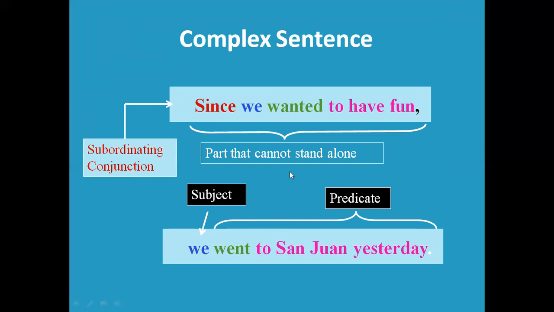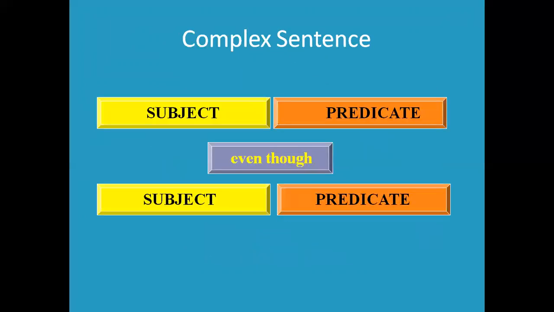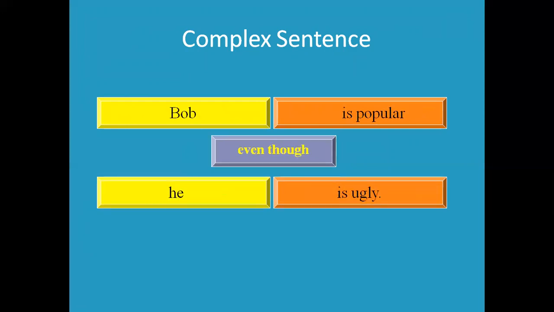That is a complex sentence example. Complex sentences consist of the first part, subject and predicate, and a subordinating conjunction, subject and predicate. Again, that is the second part of a complex sentence.